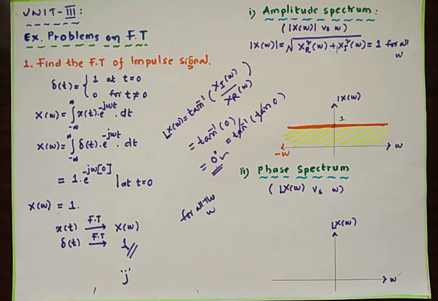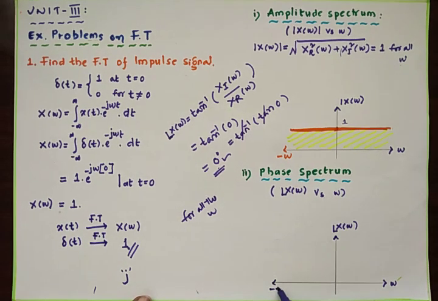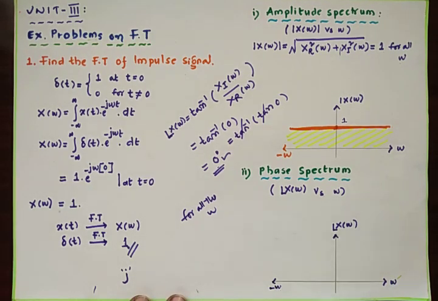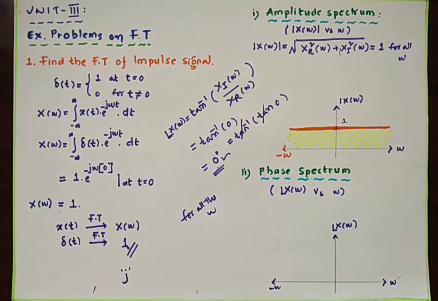Now I can go with this as the positive omega, and this as the negative omega. Whatever may be the value of omega, the phase angle we got is 0 only.